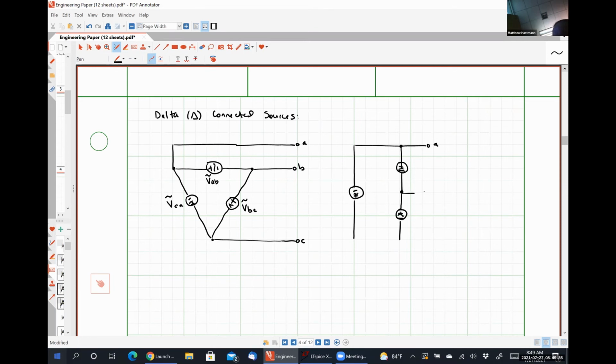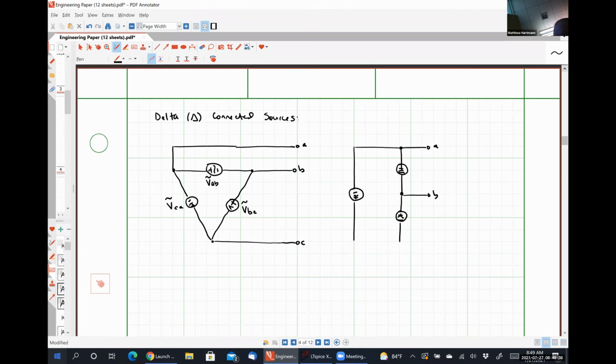A, B, and C, giving us a voltage of VAB, VBC, and VCA. So these are the two different ways that you might see a delta connected source drawn.